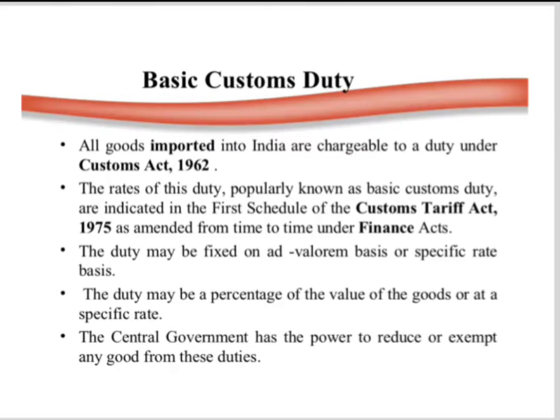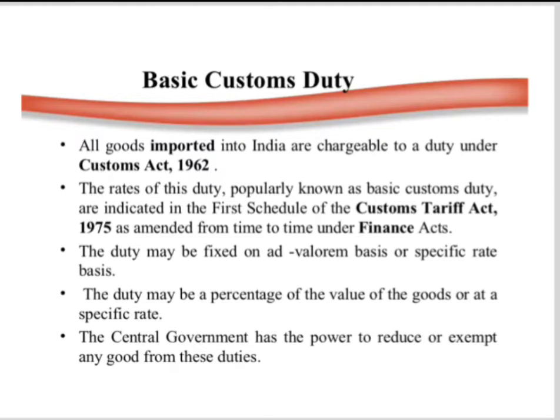So what are the basic customs duties to be paid? All goods imported into India are chargeable to duty under the Customs Act. So whatever kind of goods we are buying, or which are imported from other nations, will be chargeable for customs duty. And the rates of this duty, popularly known as the basic customs duty, are indicated in the first schedule of the Customs Tariff Act of 1975 as amended from time to time under the Finance Act.